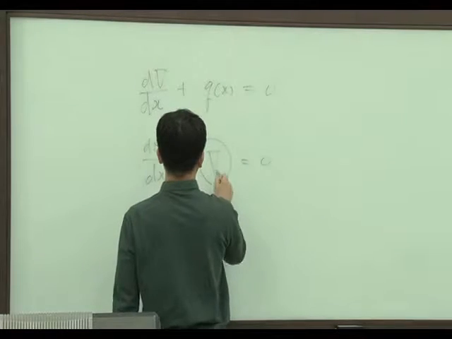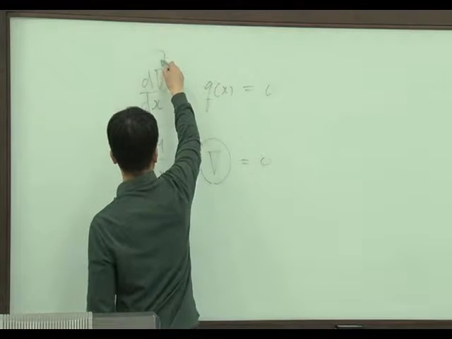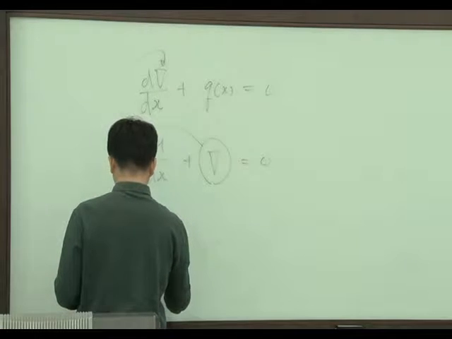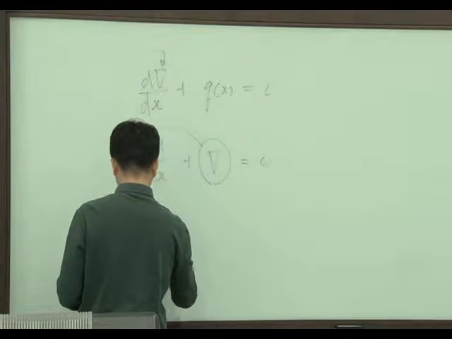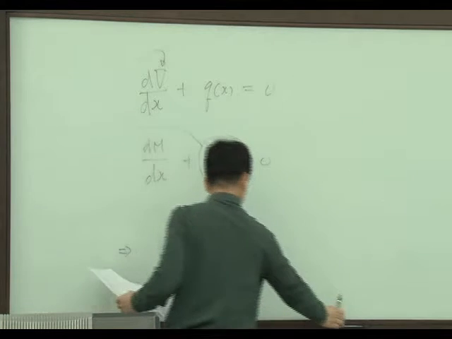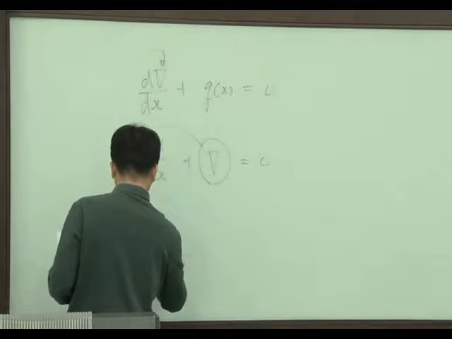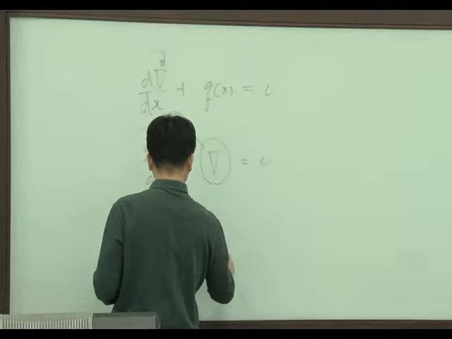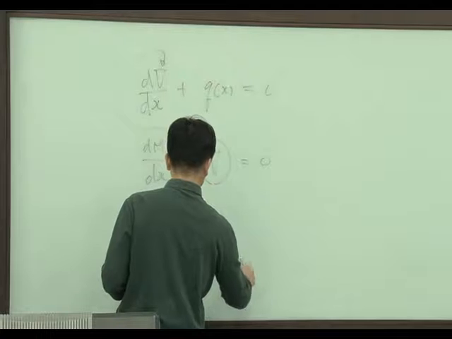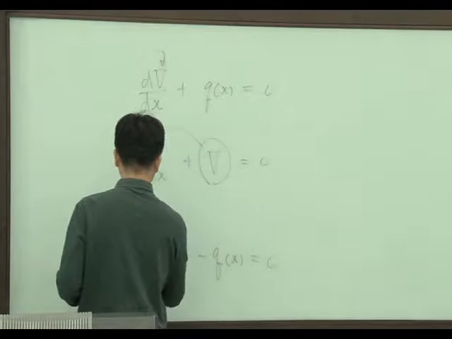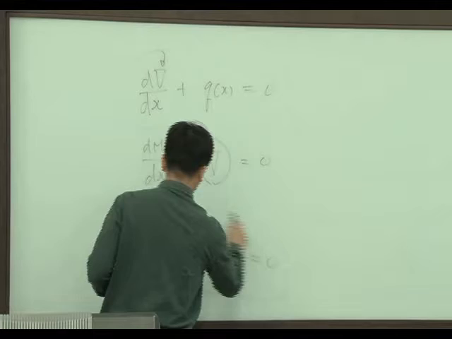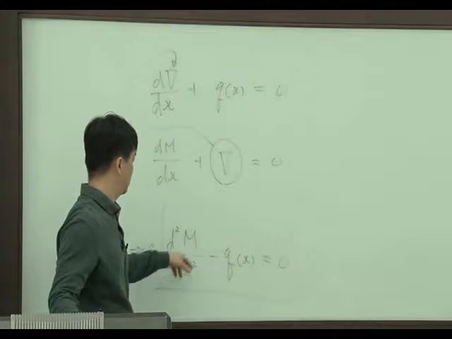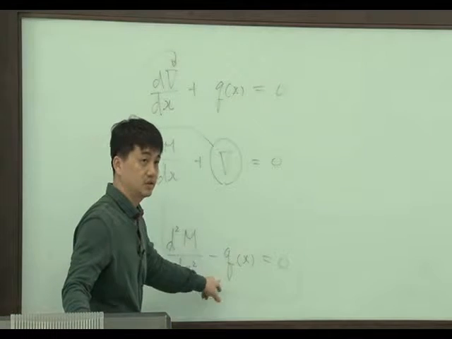We can put this into here. Then we can have a second order ordinary differential equation: d²M/dx² minus q(x) equals 0. So this third equation gives us the relation between moment and distributed force.